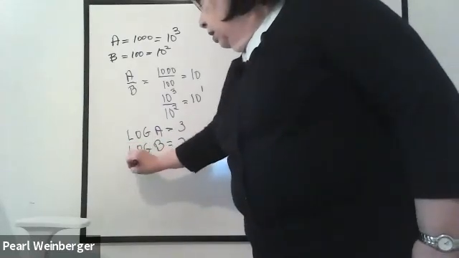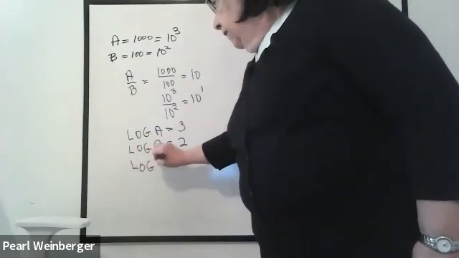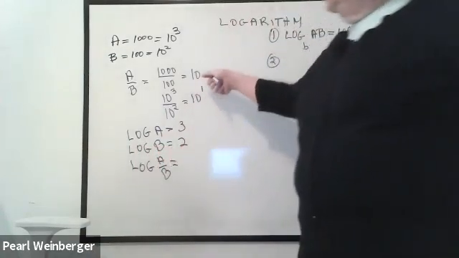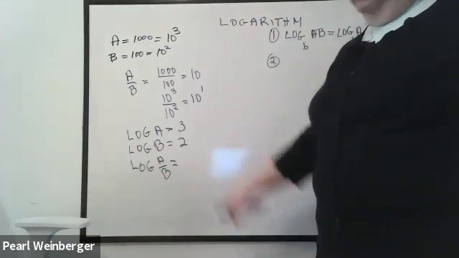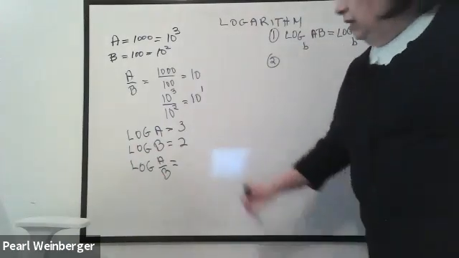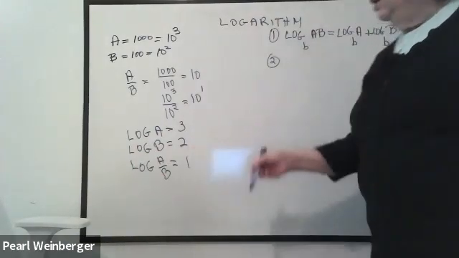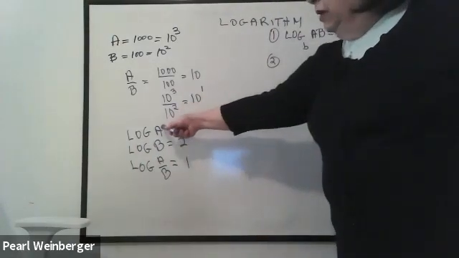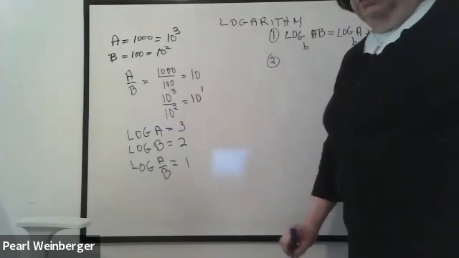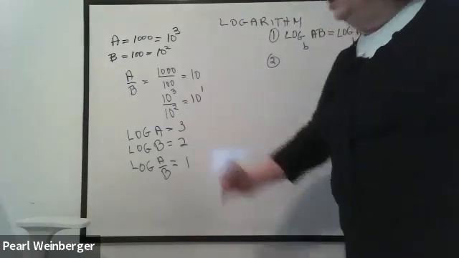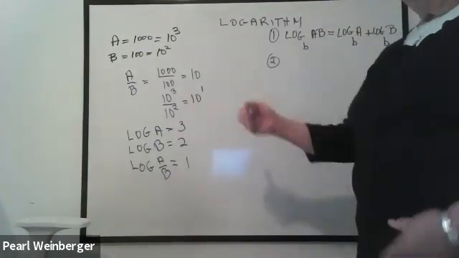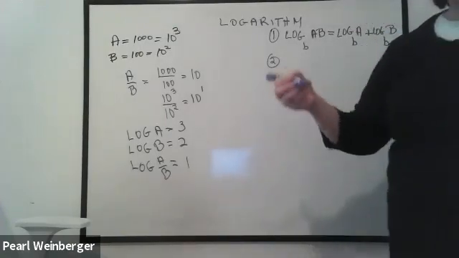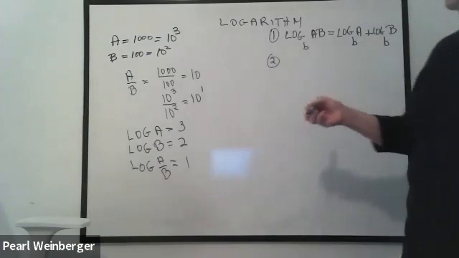And the log of A divided by B is simply the exponent of the 10 here, which happens to be 1. In other words, when we divide numbers, what we do to their logs is we subtract, because again, the logs are exponents. And we know when we divide, we subtract exponents.